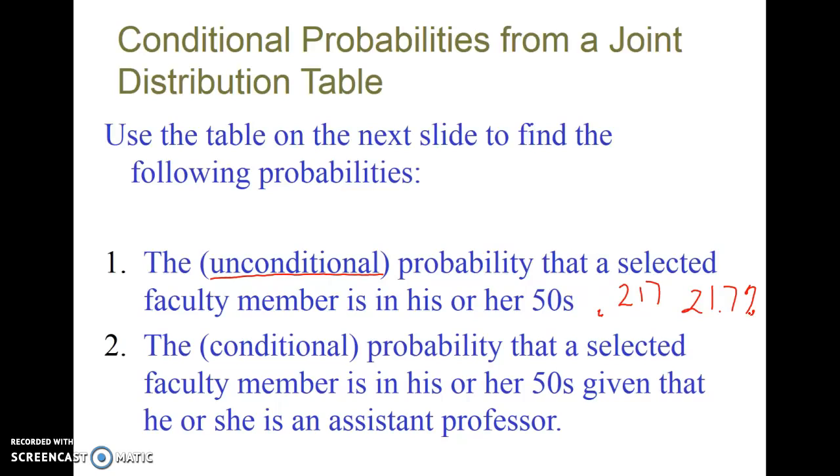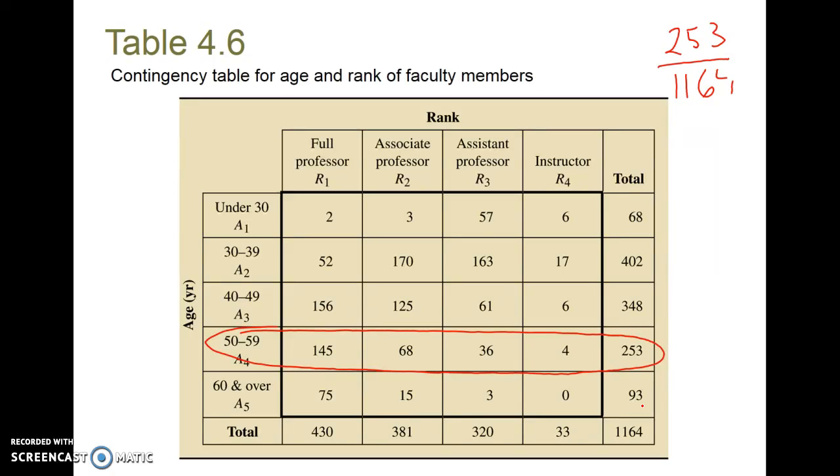So now let's take a look at a conditional probability. The conditional probability that a selected faculty member is in his or her 50s given that he or she is an assistant professor. Okay, so let's take a look at this. Given that they're an assistant professor, we're only talking about this column here. Given that they're in that column, that's a total of 320 people.